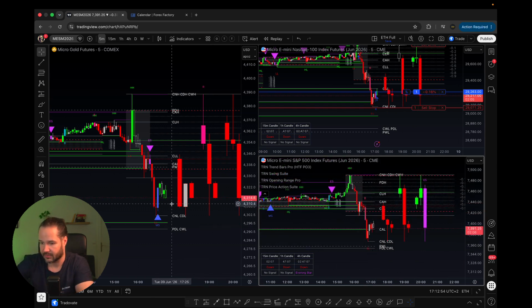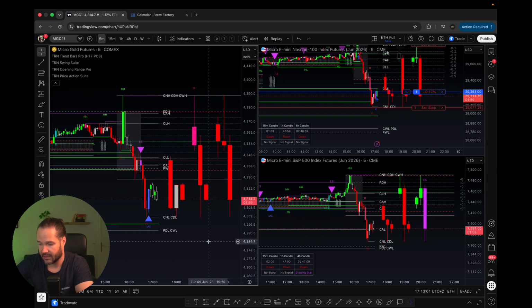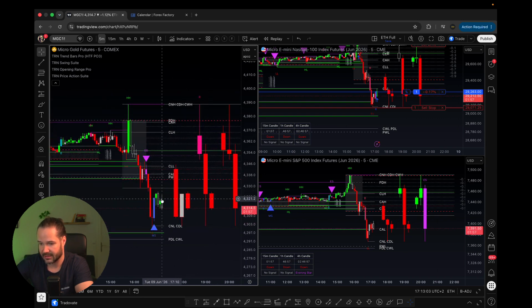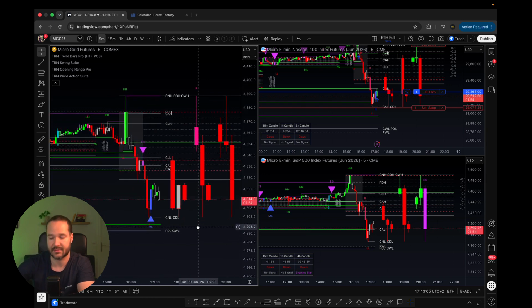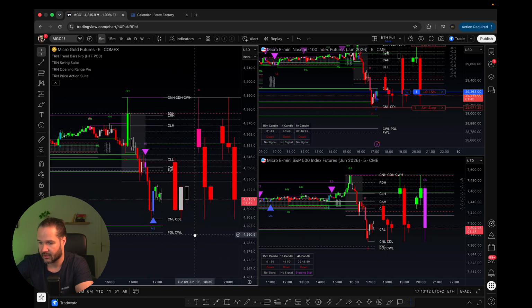And then we have gold, which is about to, okay, here it is. We have a breakdown bar or a reversal bar. It's both at the same time here. If we confirm this signal, I would go short gold at the same time.